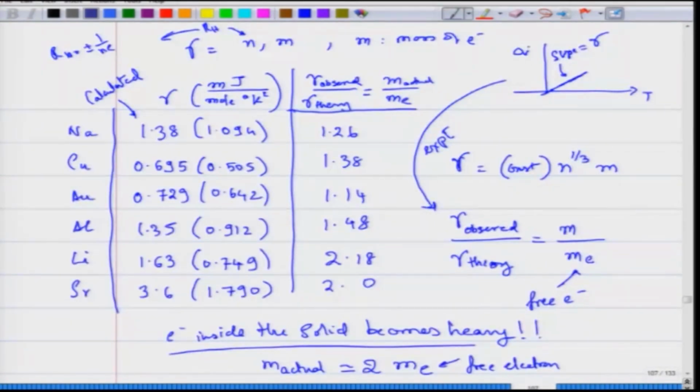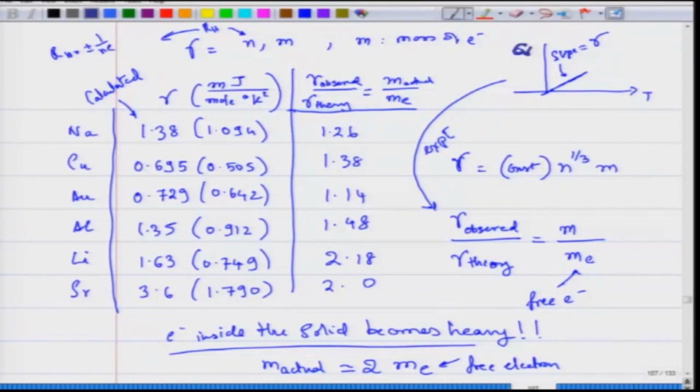They measured the specific heat as a function of temperature, and from the slope you can measure gamma, which is proportional to the mass.